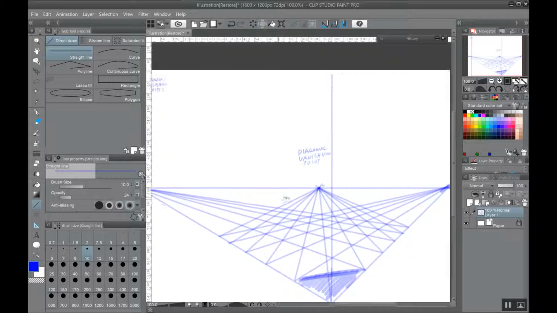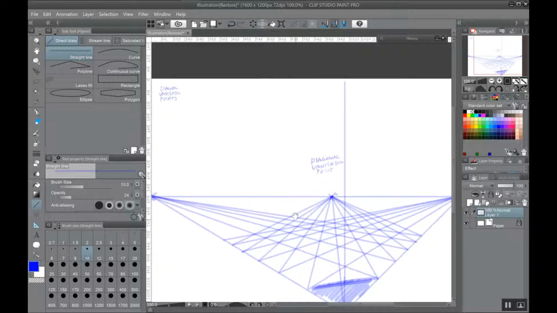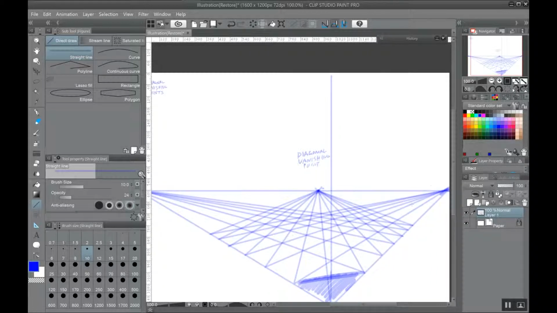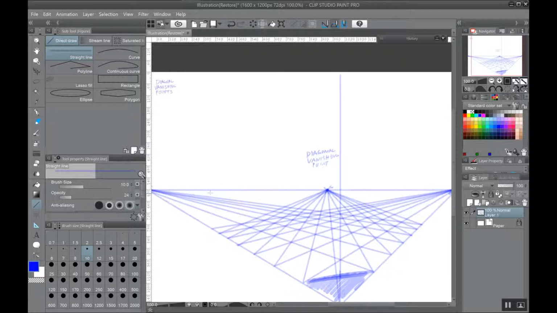So I'm trying to simplify it by instilling a very consistent kind of pattern. Left and right, diagonal. I'm not really certain it's very effective. I hope it's effective.